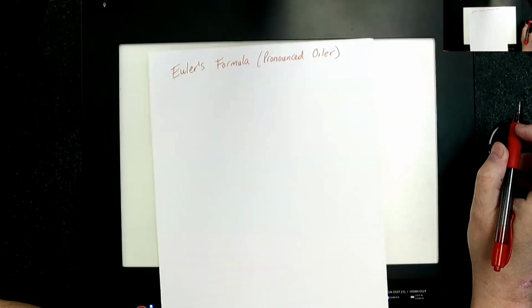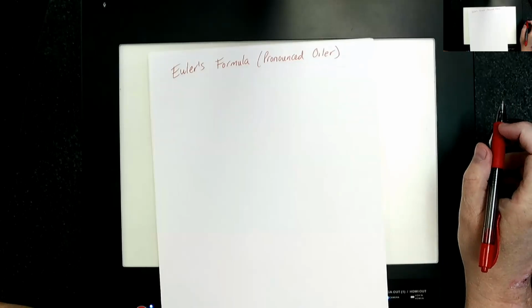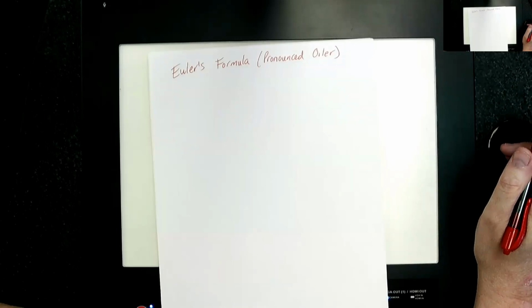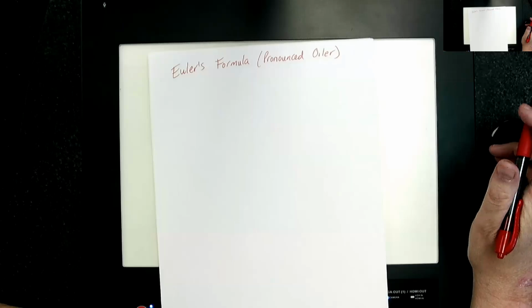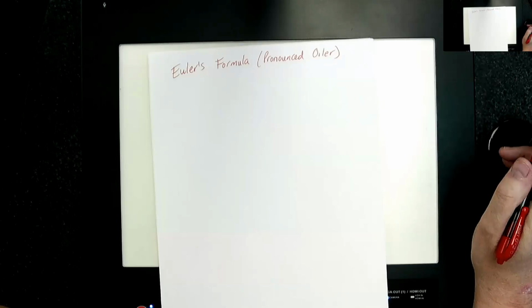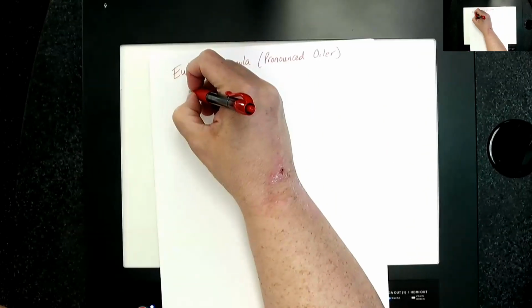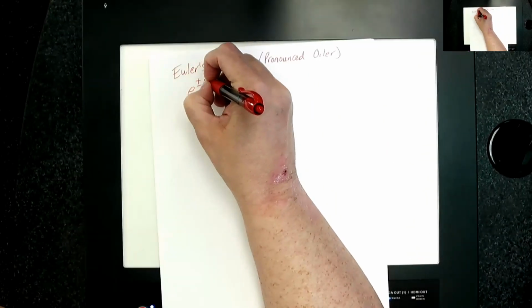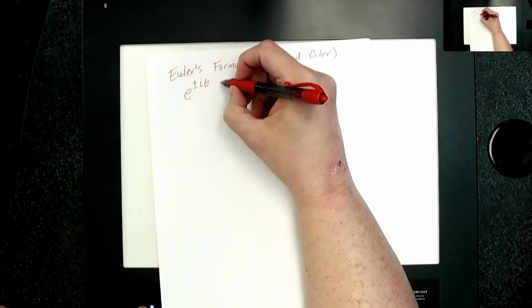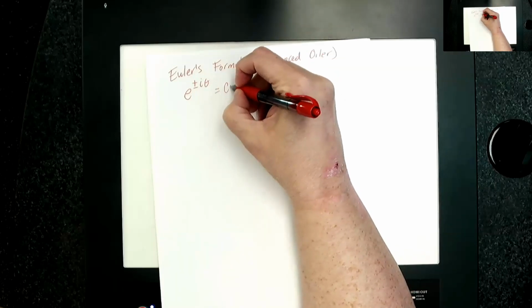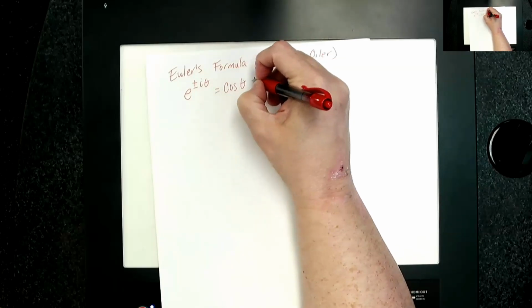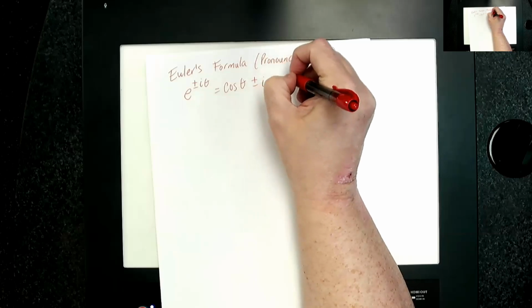I thought it was pronounced differently for the longest time, and then someone said it correctly and I was like, who is that? e to the plus or minus i theta is cosine theta plus or minus i sine theta.